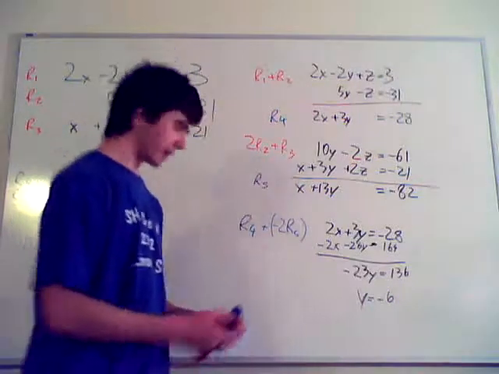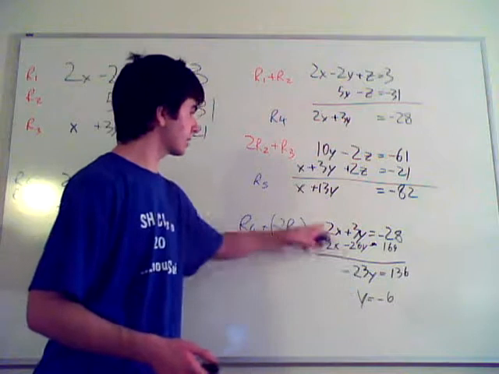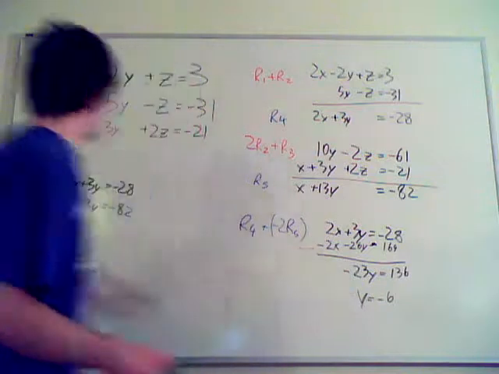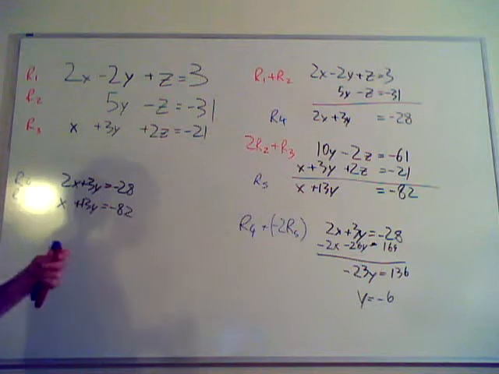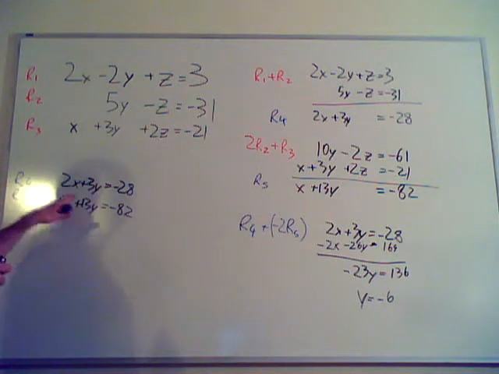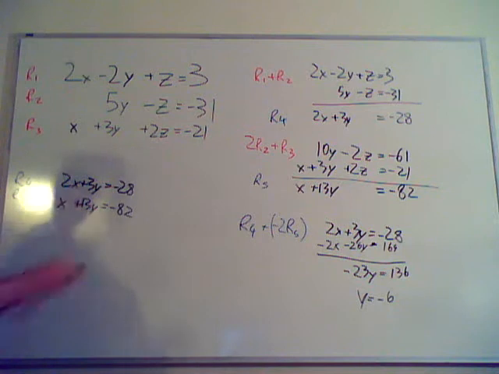Okay? So now you solve for y. Now you go back into either these two lines or these two, any one where you had two variables, since you only have solved for y right now, and you can plug it in. So you have y equals negative 6. I'm going to go ahead and plug it into the top first one.